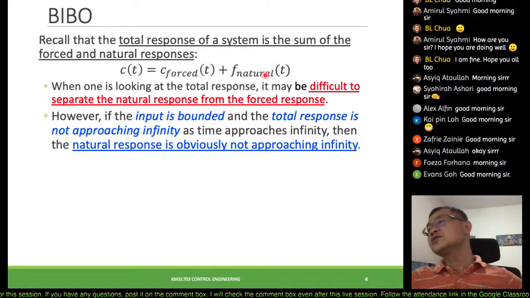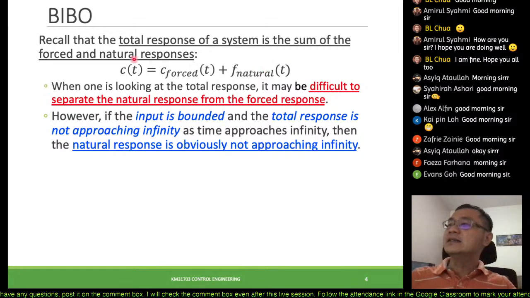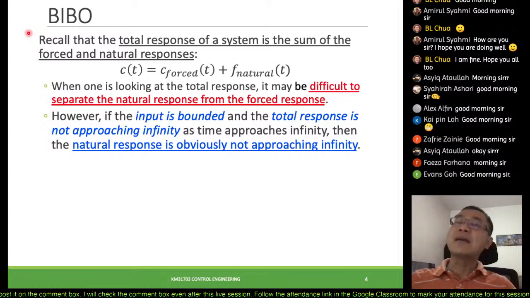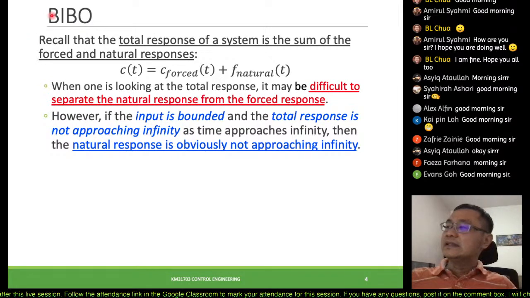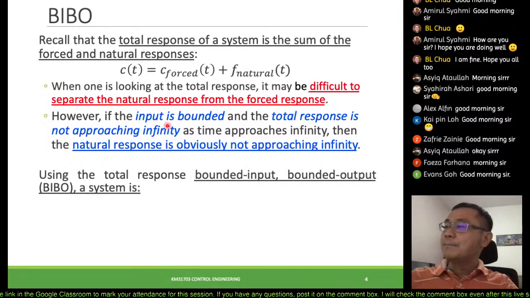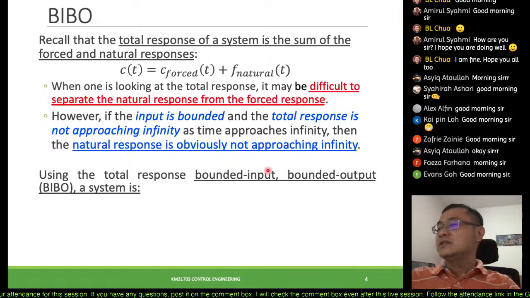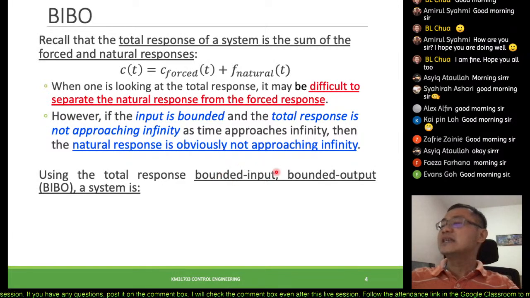Now we have another definition for stability based on what we call BIBO, which stands for bounded input, bounded output.